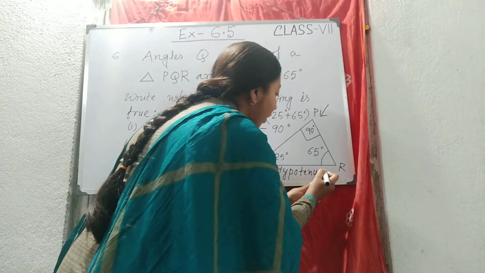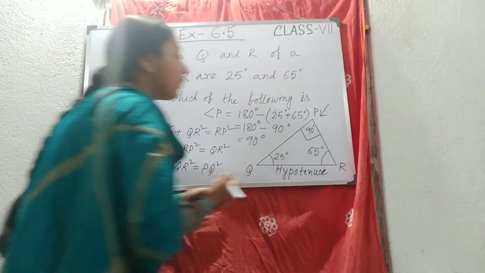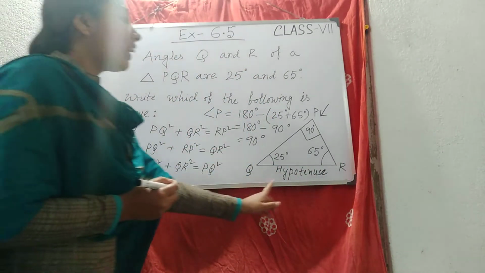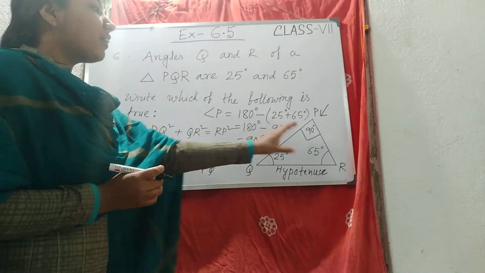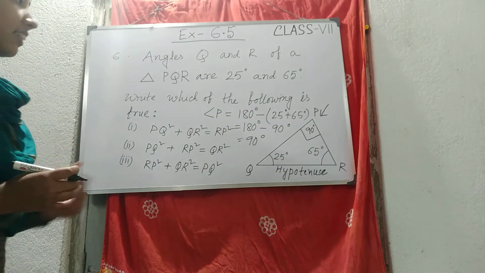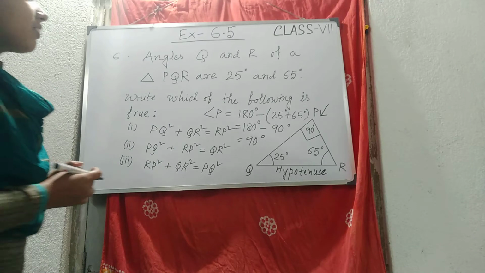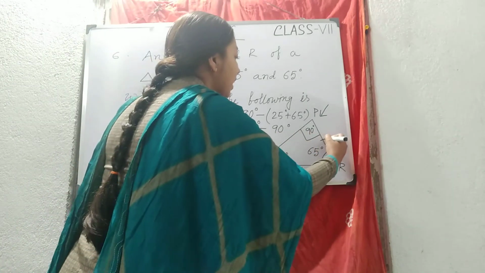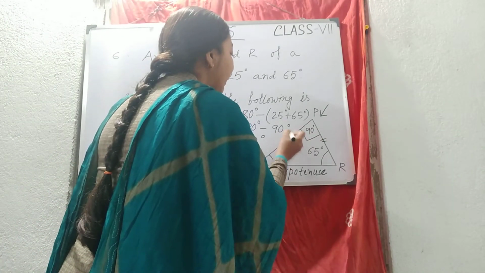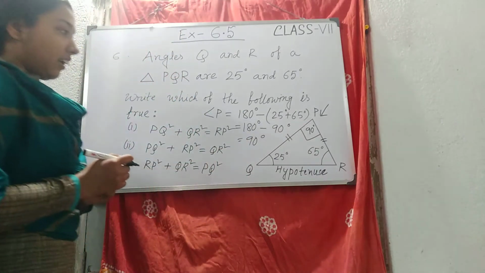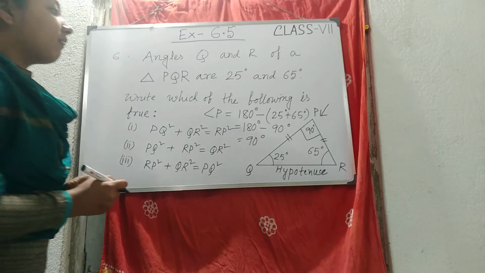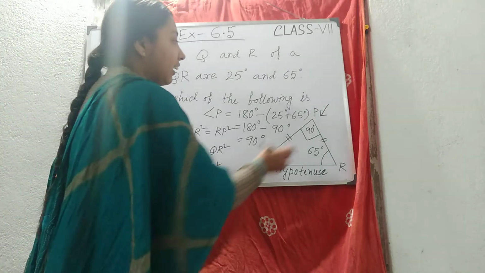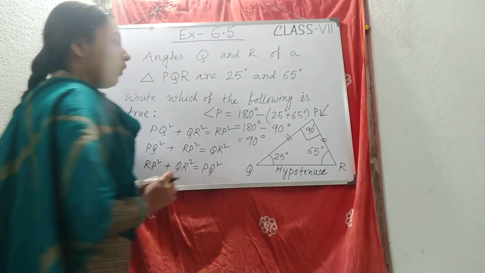From Pythagoras law, we have learnt hypotenuse square will be equal to sum of squares of its legs. Legs means the two sides which are making this angle as right angle or 90 degree. Here two legs are PR and PQ.